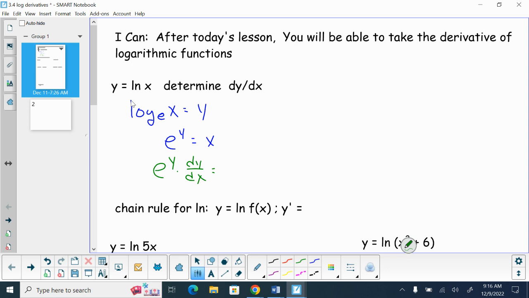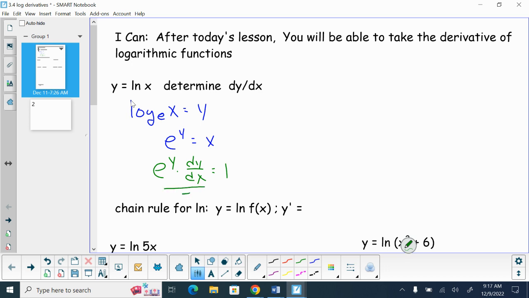So we recopy, then we take the derivative of the exponent, that's the derivative of y. The derivative of y is dy dx, is equal to the derivative of the right-hand side. Well, what's the derivative of x? 1.